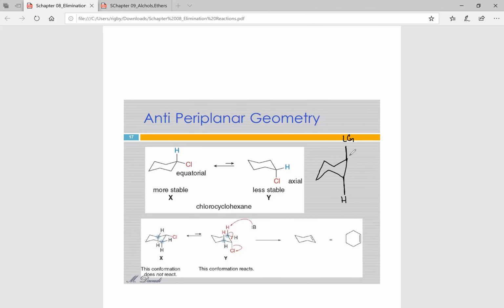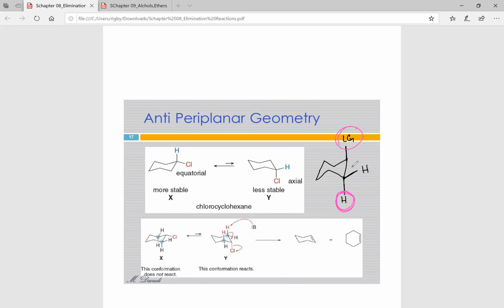So the leaving group is axial up, and in this case, the hydrogen is opposite down. So if I were to also have another hydrogen here, the hydrogen that is going to react and leave along with this leaving group is this hydrogen right here. And for cyclohexanes, this is the only way we can really do E2 reactions.